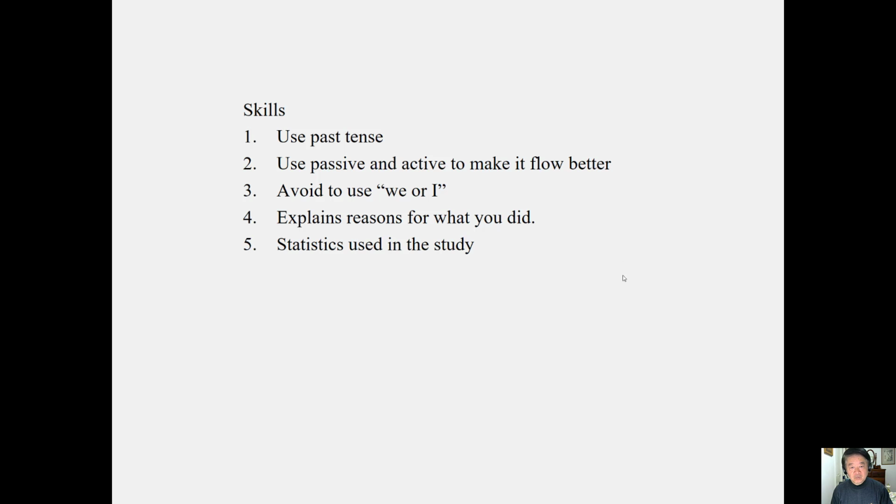Try not to use we and I, because that sounds less scientific, like you're writing a story. And it's good to put in a very short sentence or phrase to tell people why you did this, and make sure the statistical methods you used are appropriate.